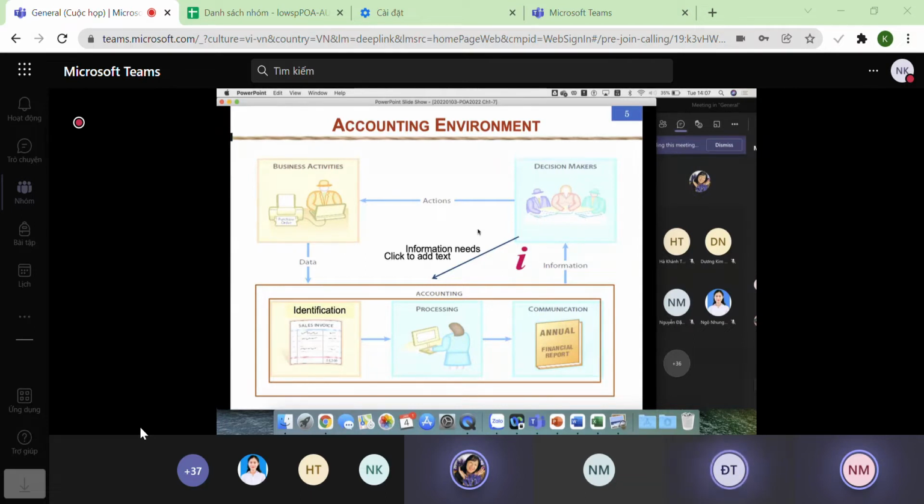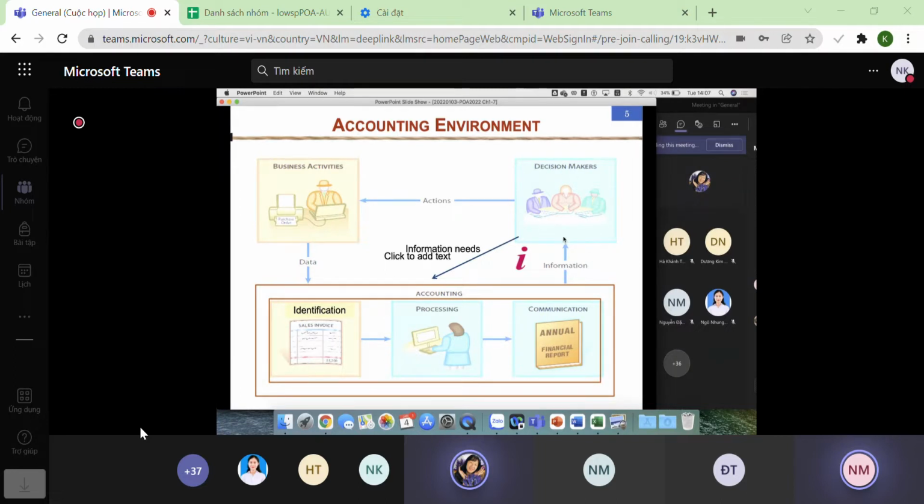And after that, the accounting system will, based on the business activity as data for accounting system, record, process, and then communicate the information that the decision maker needs, right?